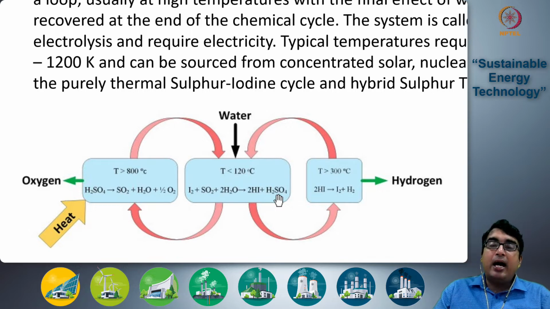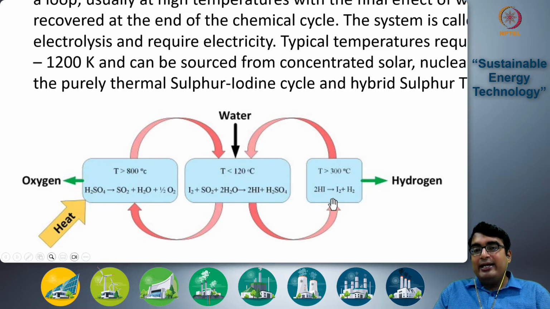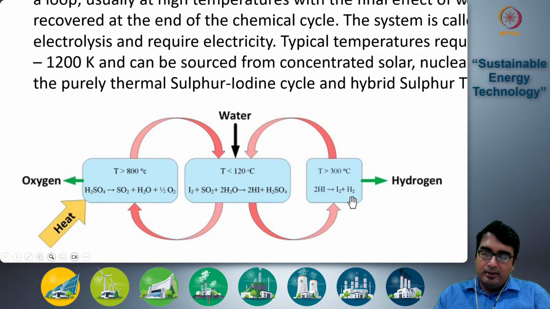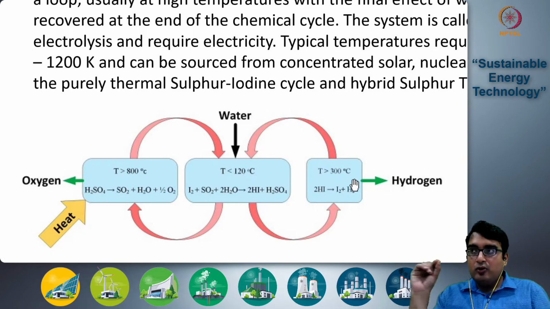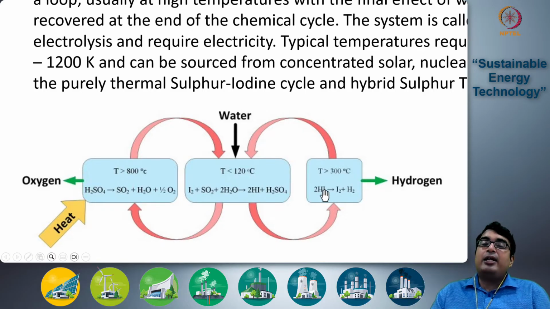Now this hydrogen iodide is fed into a second chemical reactor operating at temperatures above 300 degrees centigrade, so significantly higher, and there the hydrogen iodide breaks down into iodine and hydrogen.